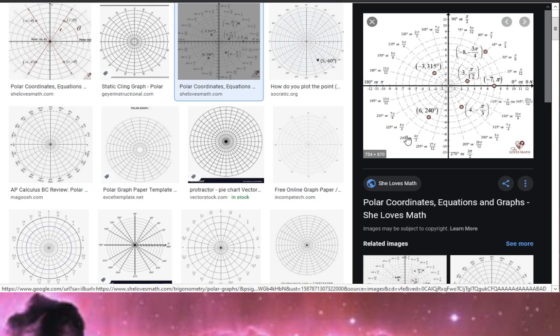If you look in the right hand corner, you can see these numbers. Now, it looks like a two-dimensional graph, like x and y.